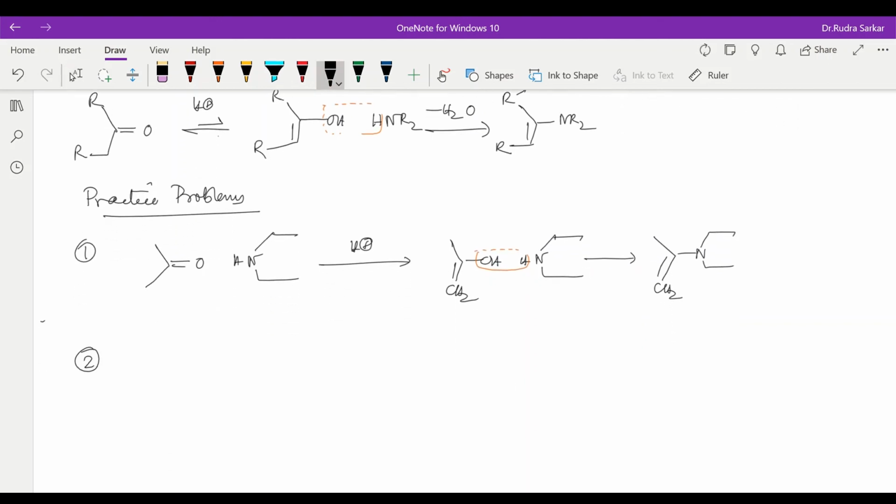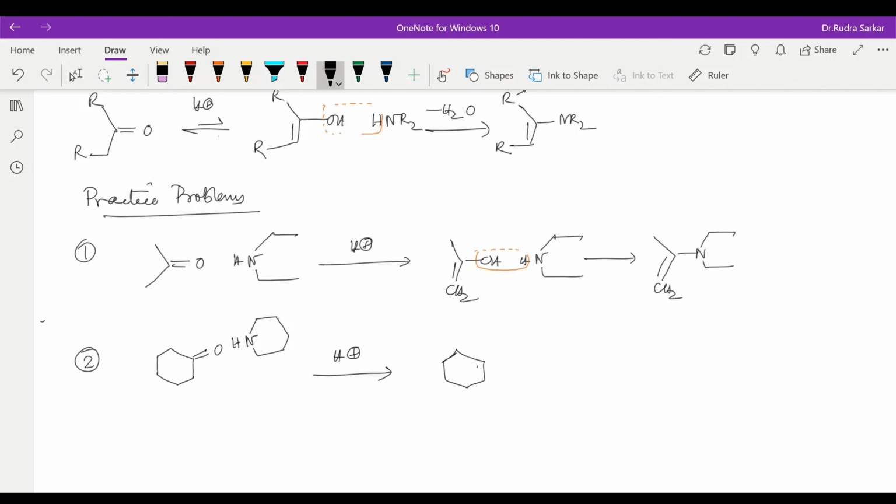Number 2, I've given you cyclohexanone. Along with that, I've given you piperidine, H plus, again secondary amine, so product will be enamine.